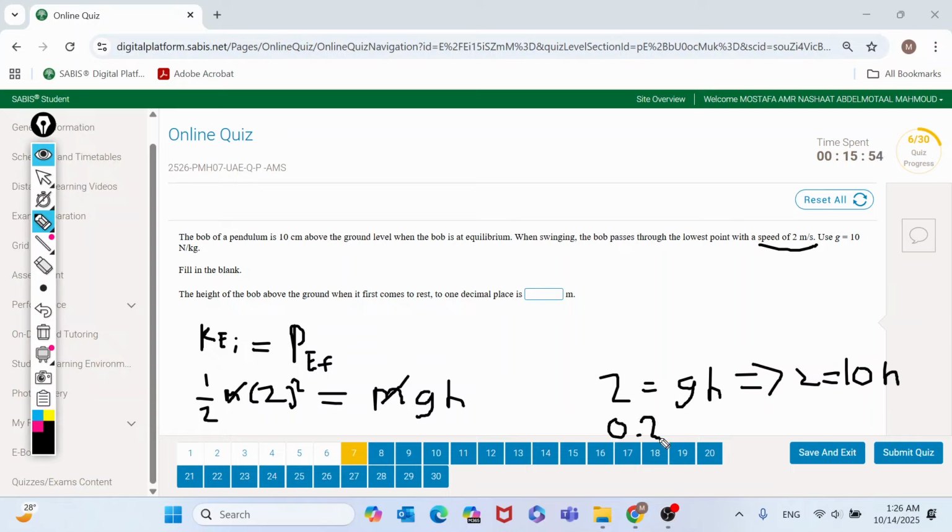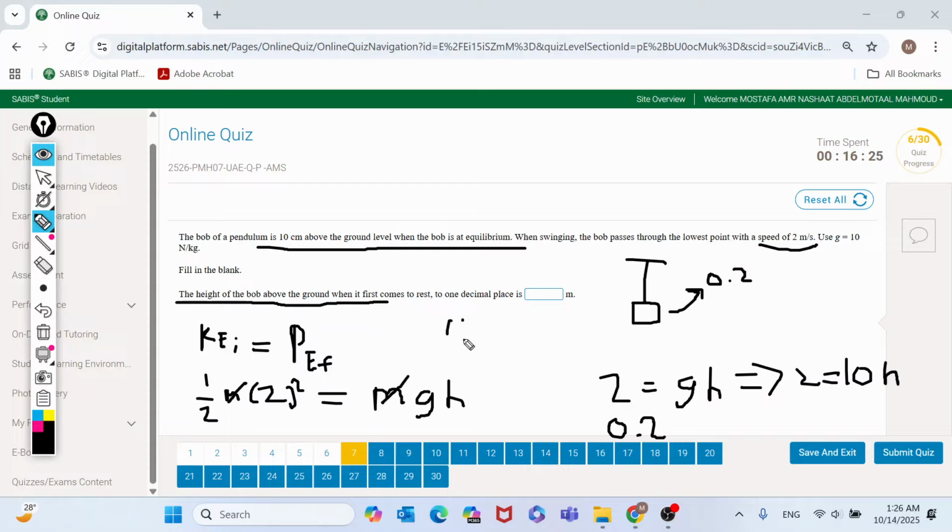0.2 meters. So now we know that this is the bob. When it swings up, it's 0.2 meters higher than when it's here. But they said when it's at equilibrium, it's 10 centimeters above the ground, and they want to know how high it is above the ground here. So you're going to add the 0.2 to the 10 centimeters. 10 centimeters to meters is 10 over 100, which is 0.1 meters.